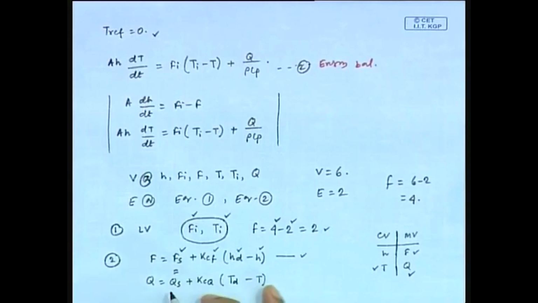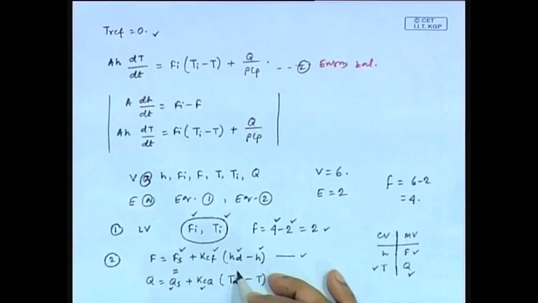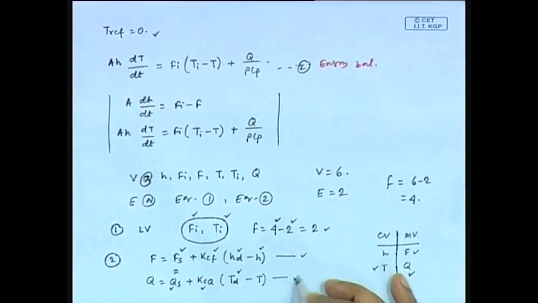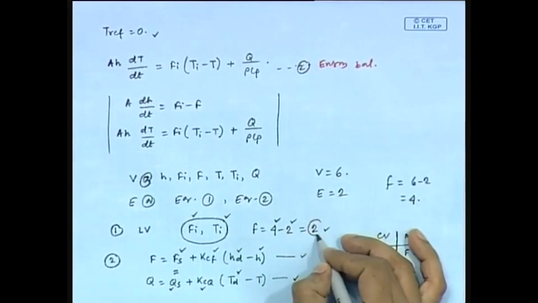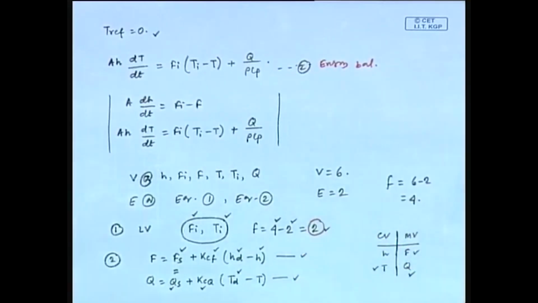Here Qs is the steady state value of Q, Kcq is the controller tuning parameter, a constant term, and Td is the desired temperature. Fine. So, additionally we are getting 2 equations. We had F equals 2. Now, if we add 2 equations, then the degrees of freedom becomes 0.